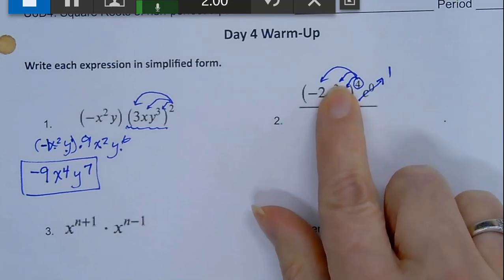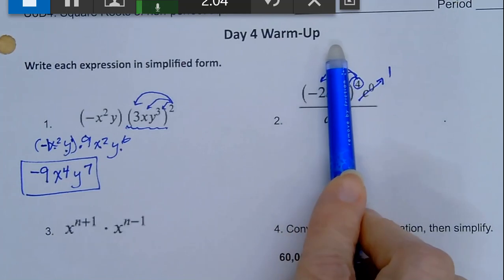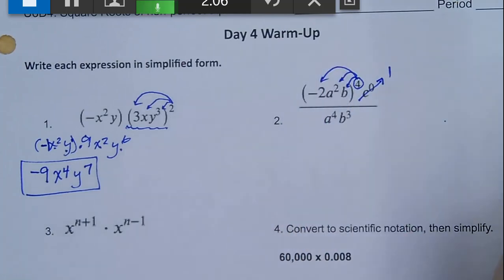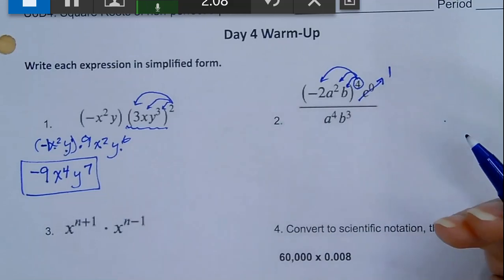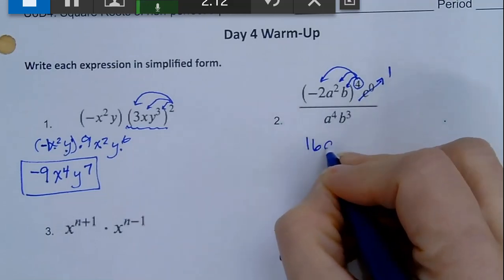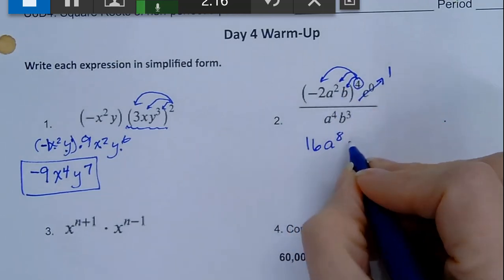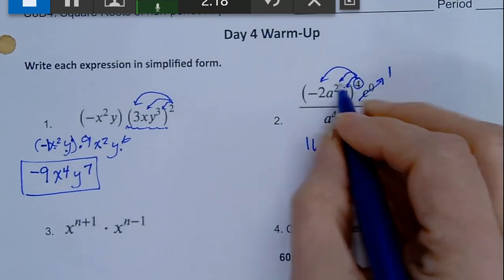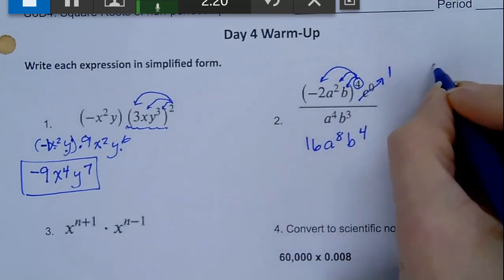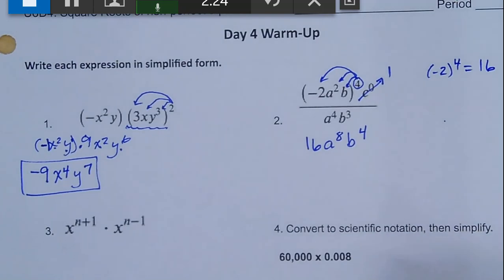So if you pretended that you didn't have any of those variables in there, it would just be, see how that's negative 2 in parentheses? I say that because it's going to be positive 16. So I have 16, and then I have a to the 2 times 4 is 8, and b to the 4. Back to this, this became negative 2 to the 4th, and that is positive 16. Okay, just that one section.